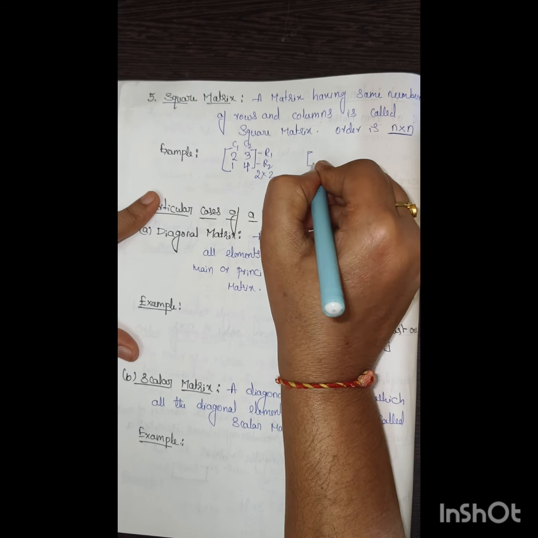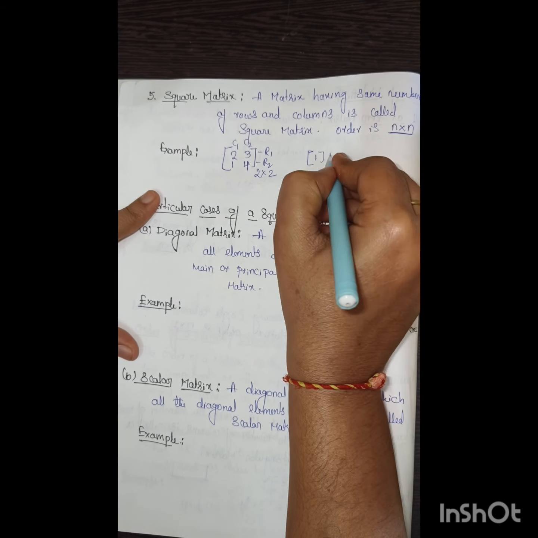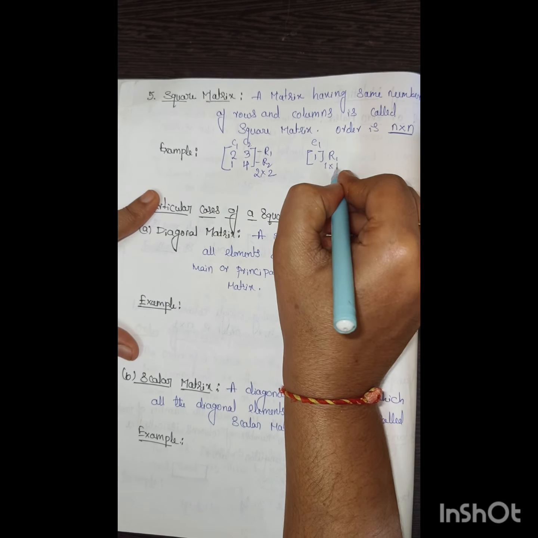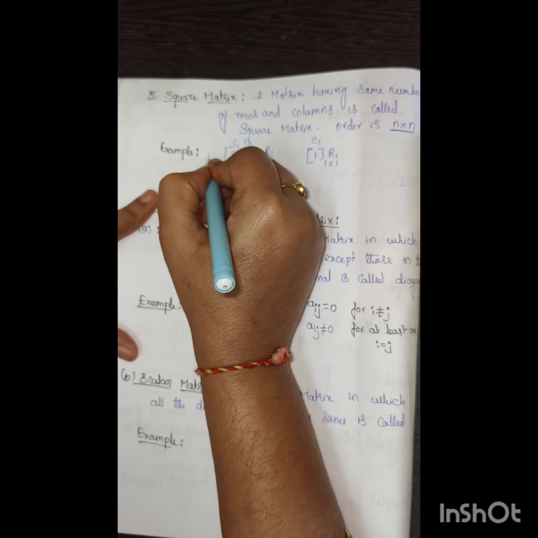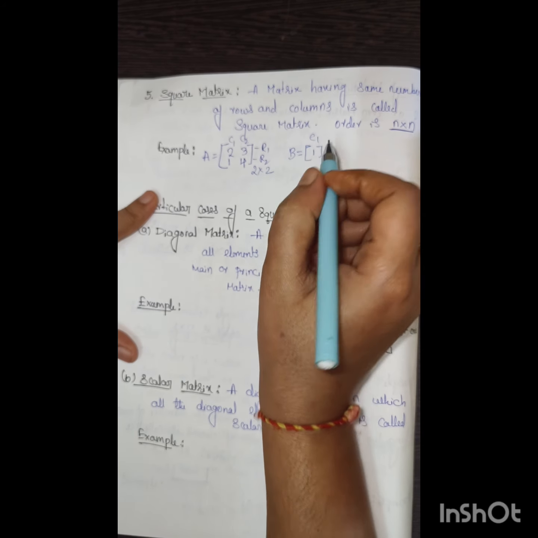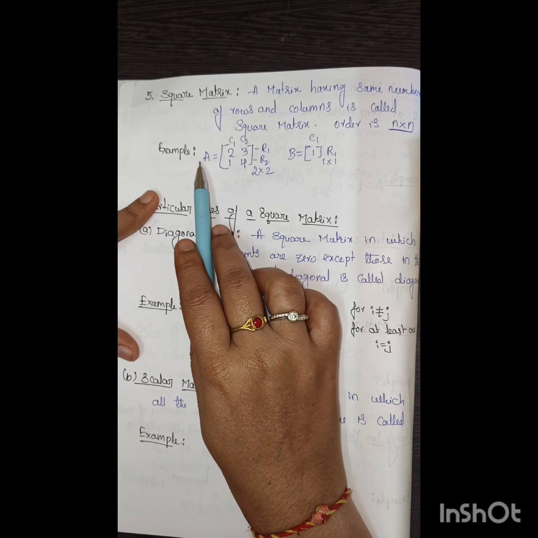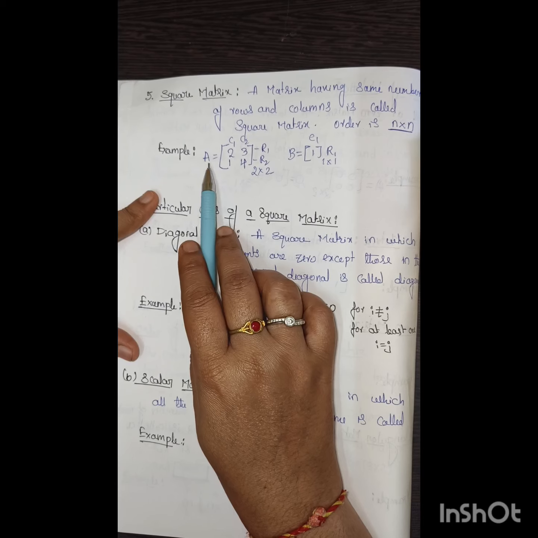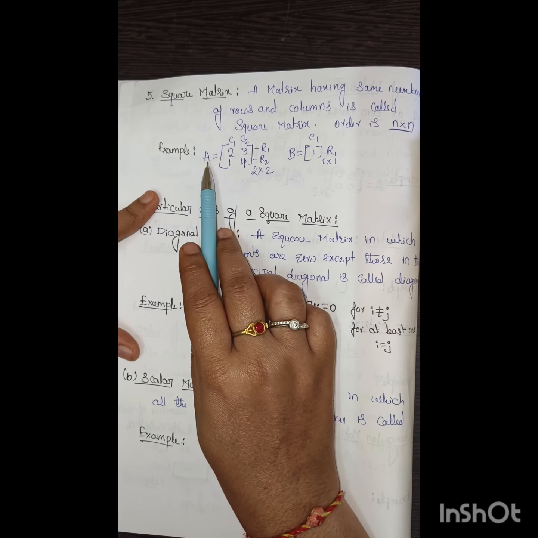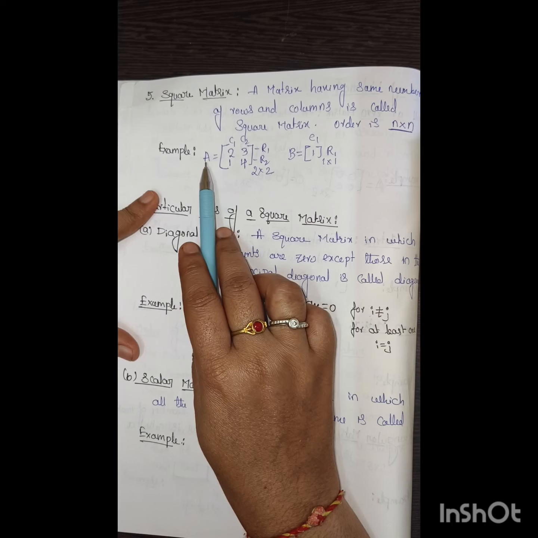If I take 1 row, the column is also 1, so it is called a 1 by 1 matrix. It is also a square matrix. We denote matrices by A and B. You should remember that a matrix is denoted by capital letters from A to Z. You can take any alphabet here, but you should denote it with capital letters only.